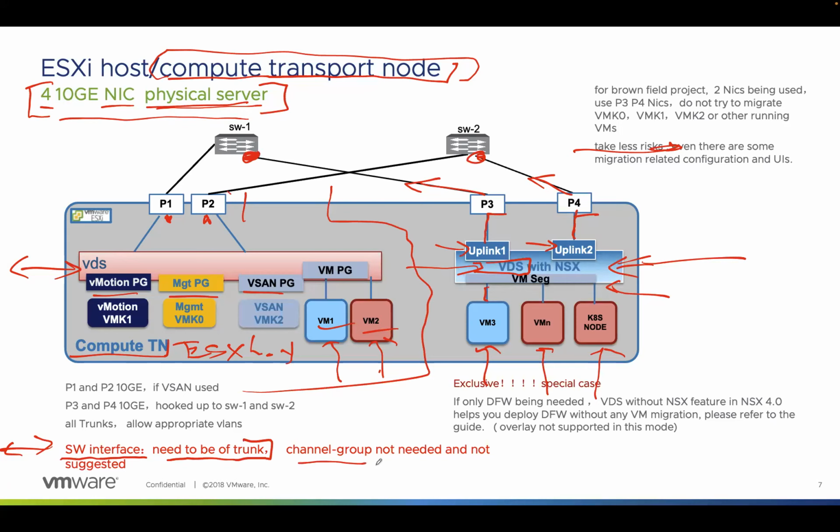A channel group for aggregation, or LACP as well, is totally not needed and not recommended or suggested for NSX to use. So only the trunk function is requested.